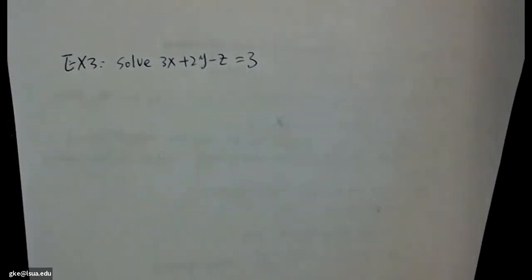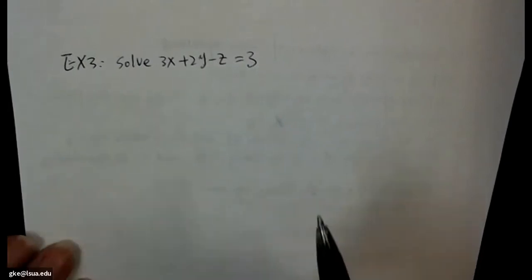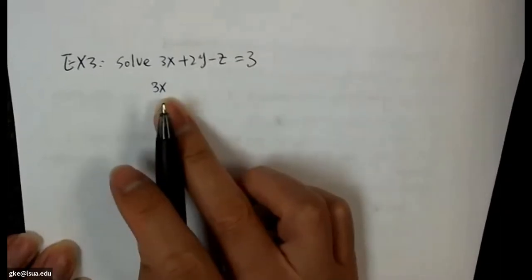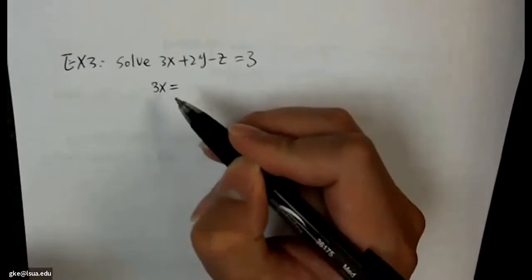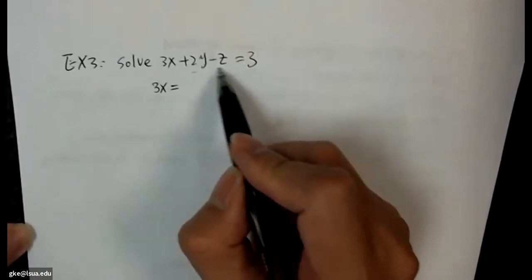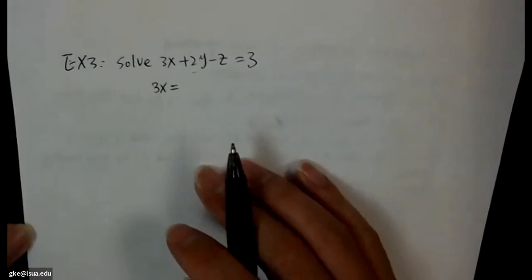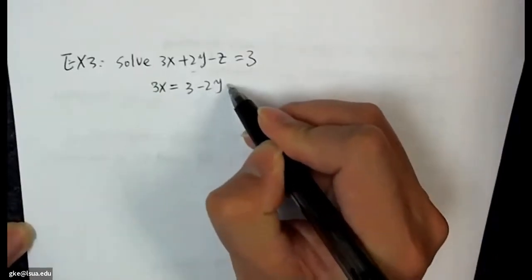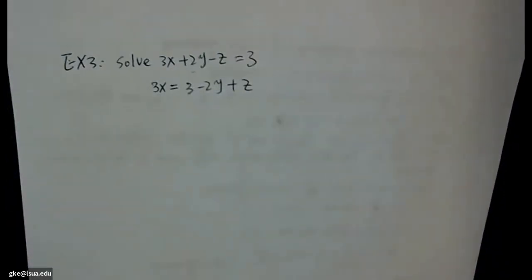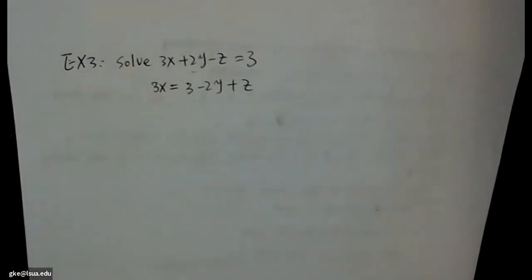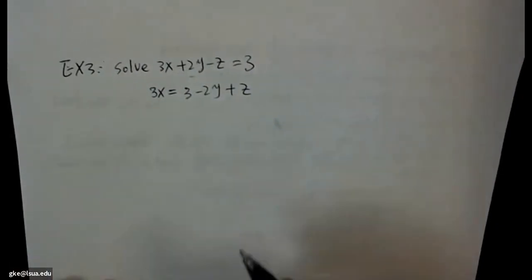So the first thing, I will always keep one variable at the left-hand side. For example, I keep 3x on the left-hand side and move these two terms to the right-hand side. And I always want to keep the coefficient of x as 1, so we divide by 3 on both sides.